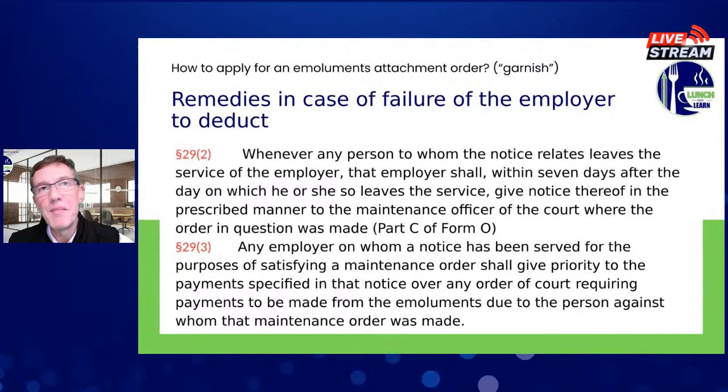There are a couple of remedies, things that one can do in case the employer fails to deduct money, and there are also certain obligations that they should fulfil. If they do not adhere to these provisions, they could face serious criminal charges or jail time or even penalties for non-compliance.